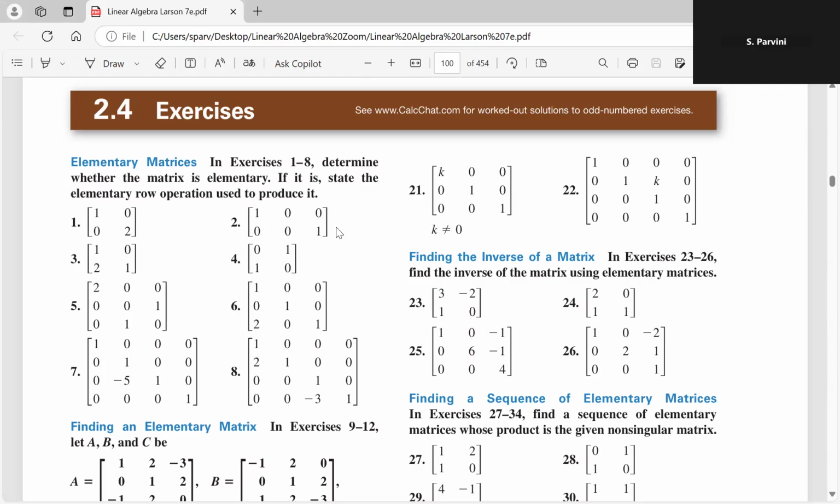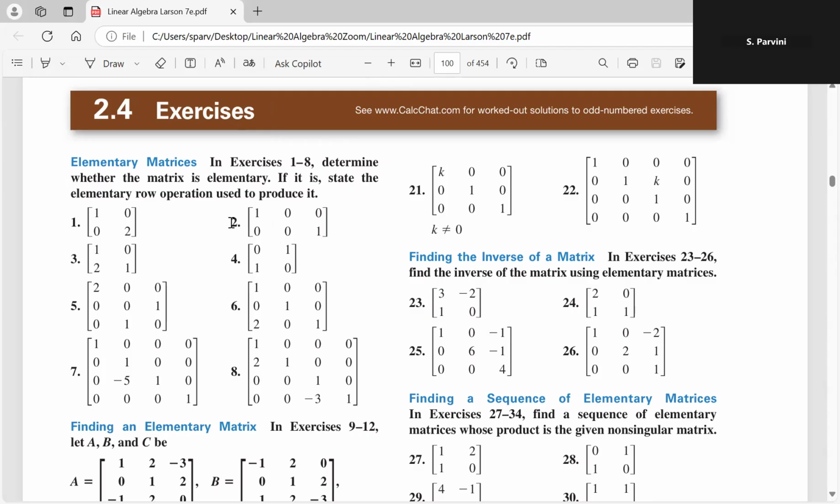Anyone? I think, well, I'm not sure specifically relating to this. It'll be like 2 by 2 or 3 by 3. Very good. Exactly. Yes, absolutely. So number 2 is not an elementary matrix because it's not a square matrix.